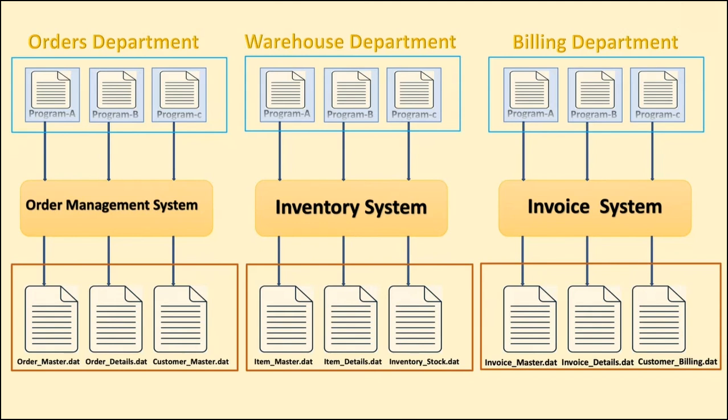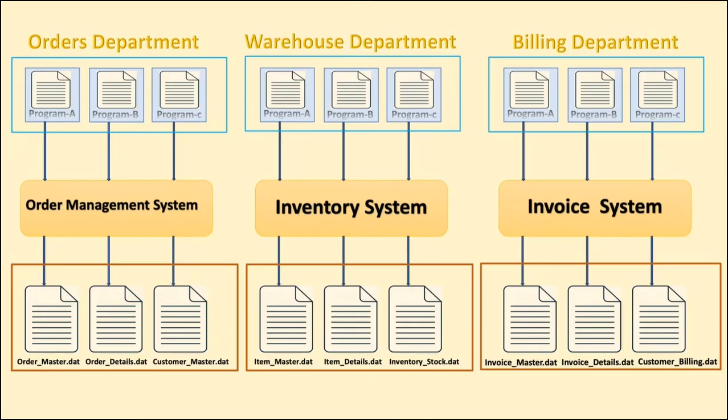So in this diagram, you can see there are three different departments for orders, warehouse and billing, and they manage the data using independent application programs. With respect to that, we have flat files for storing the data, right? I hope you understood the meaning.